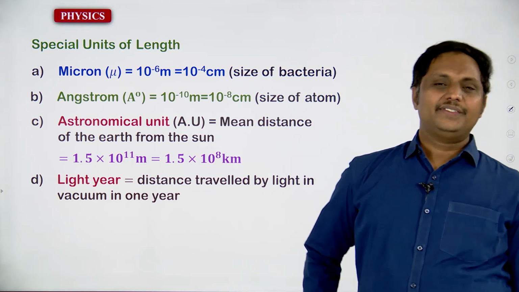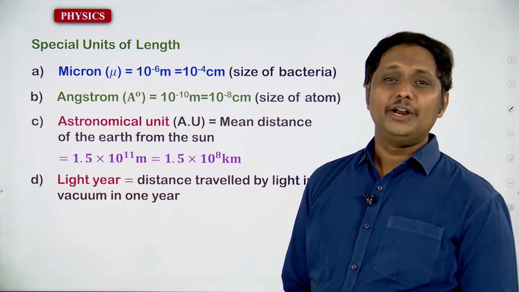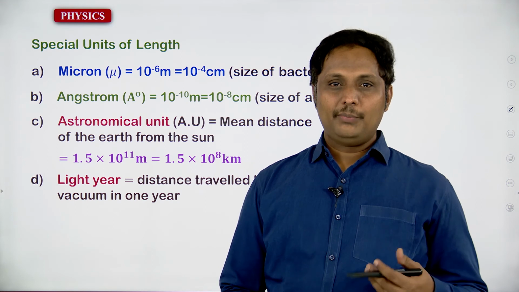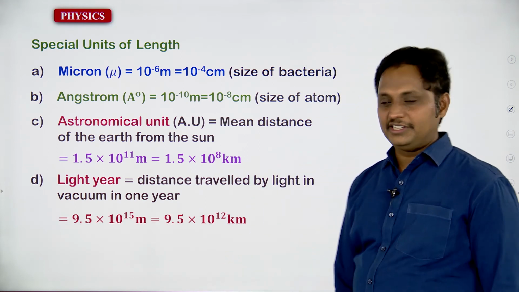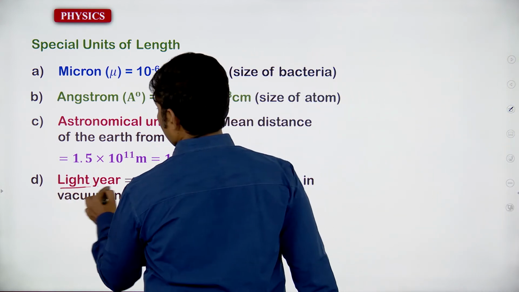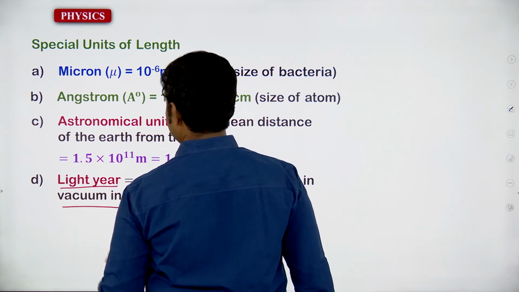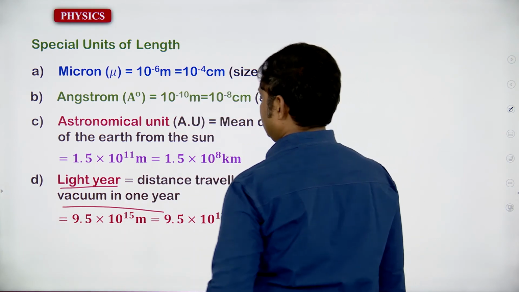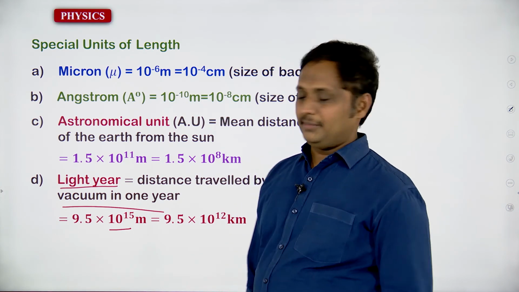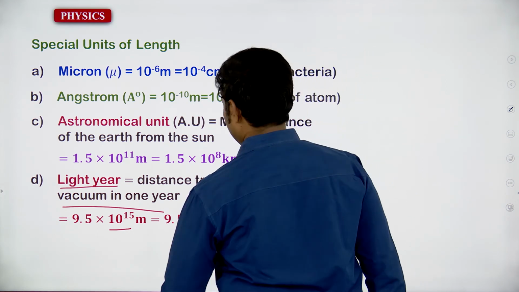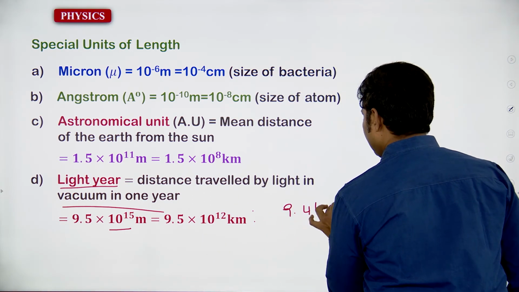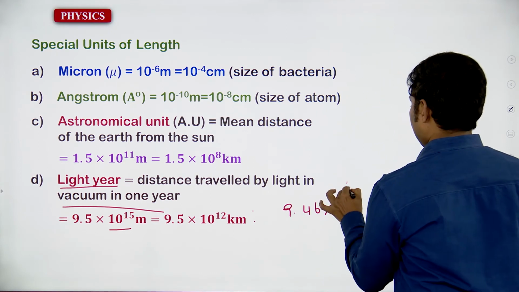The value is 9.46 into 10 to the power of 15 meter.